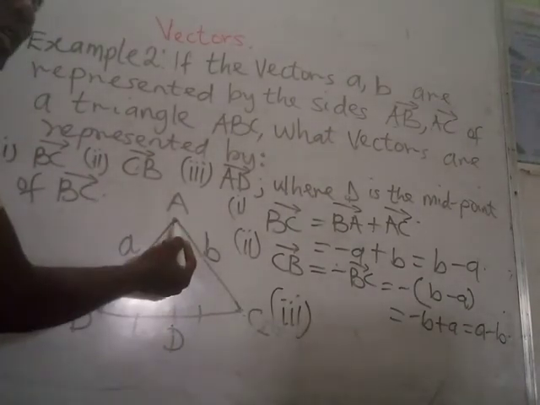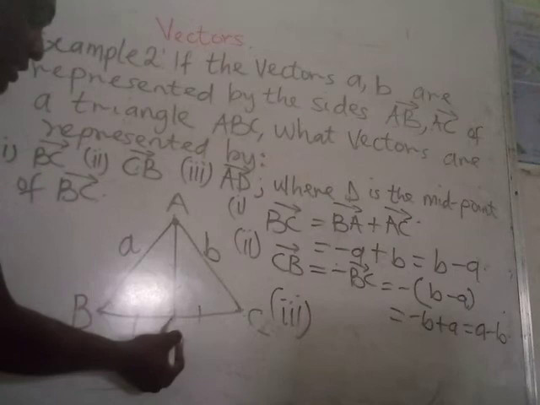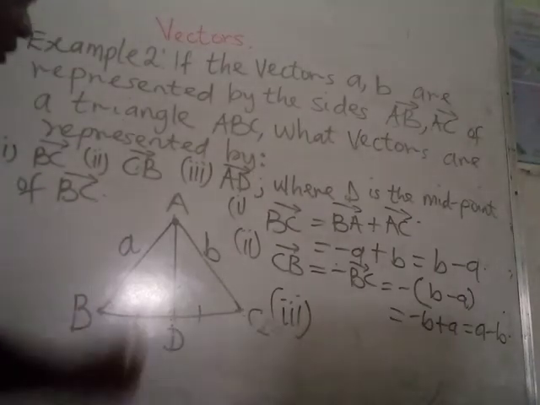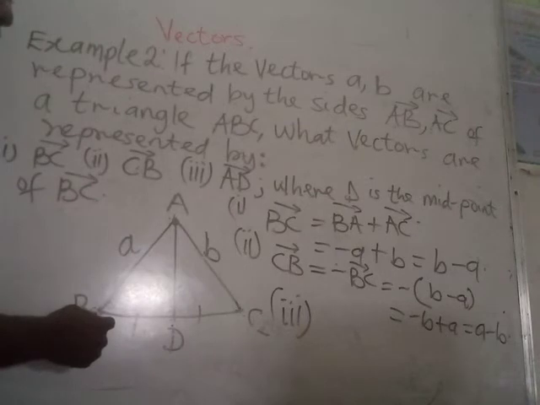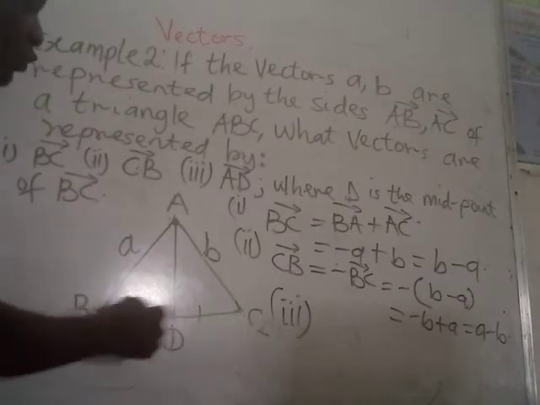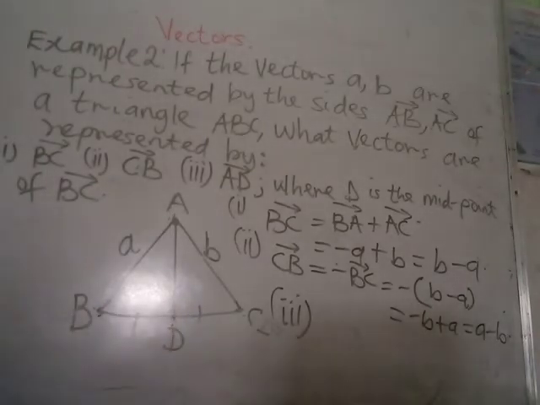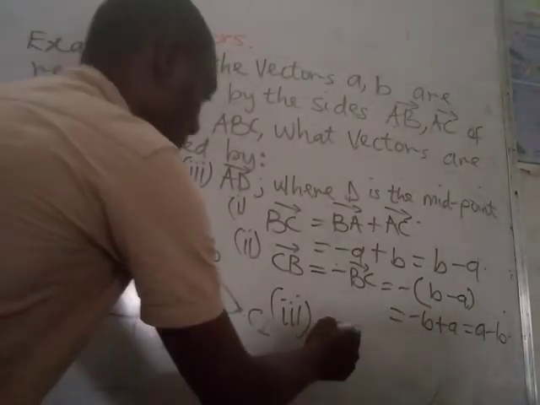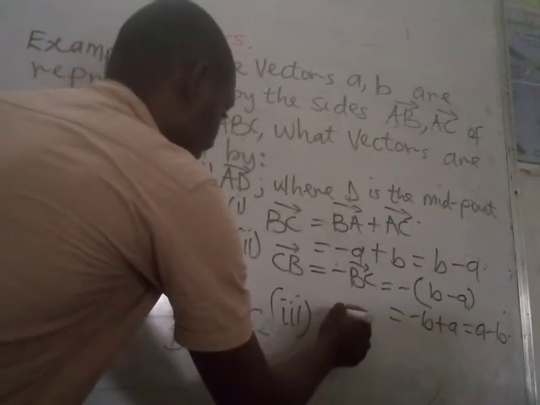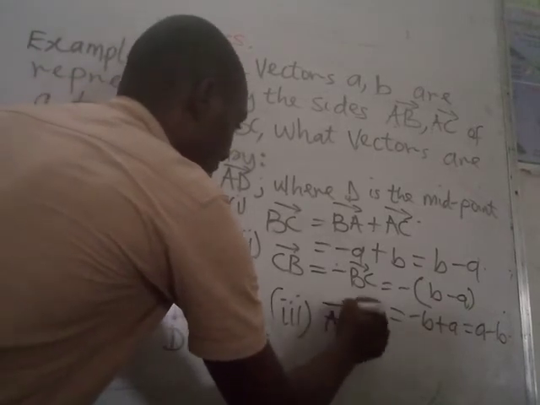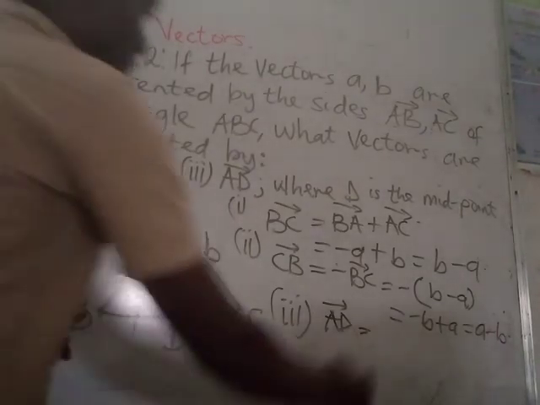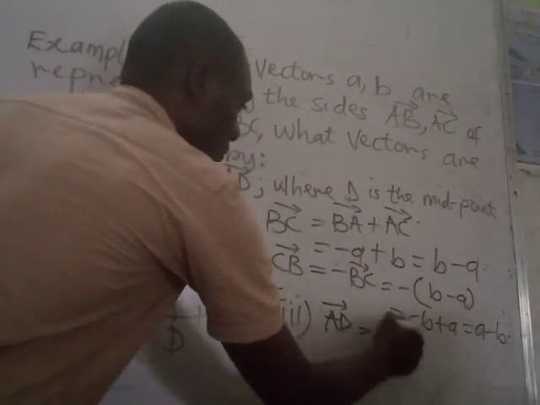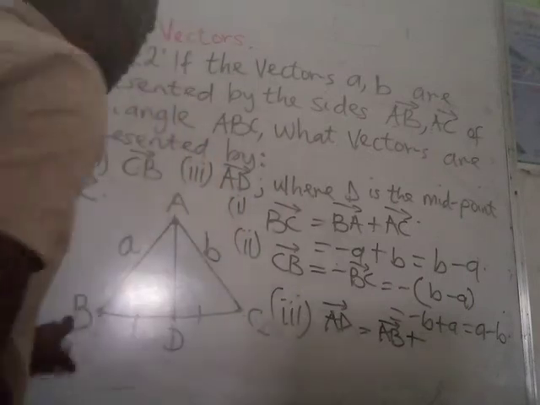I start from point A, then move to D directly, or I start from point A, move to B, then from B to D. So AD is equal to AB plus BD.